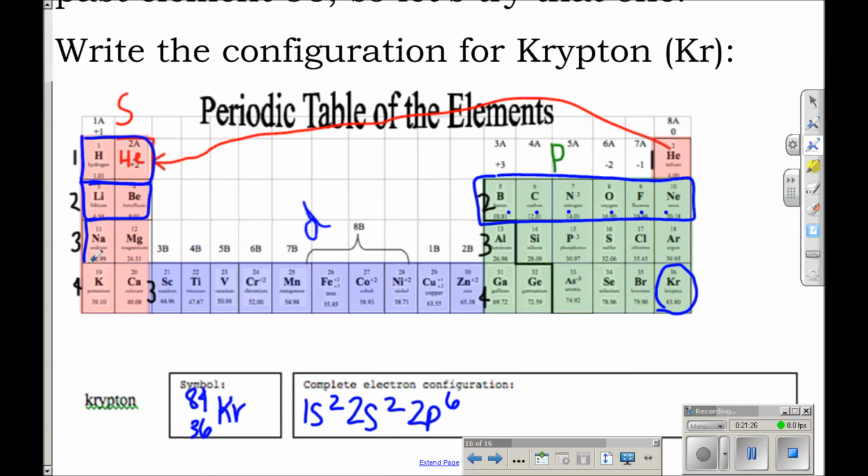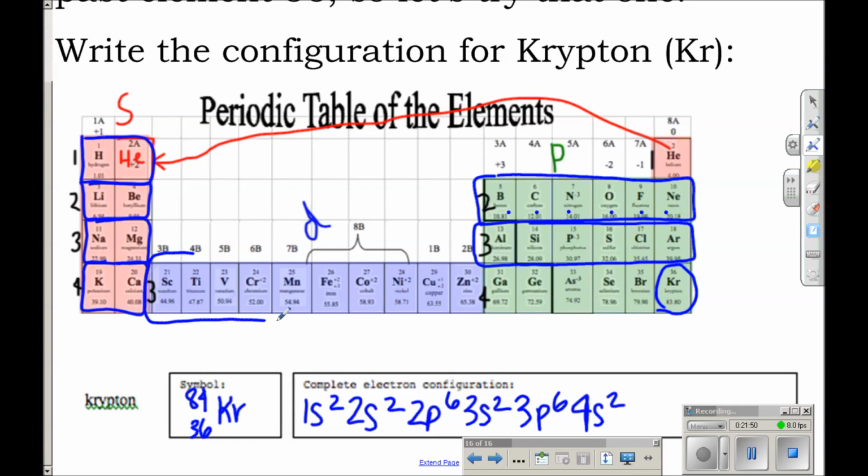Keep moving in order of atomic number. 3s, 2 elements. 3p, 6 elements. 4s, 2 elements. Over here, careful.